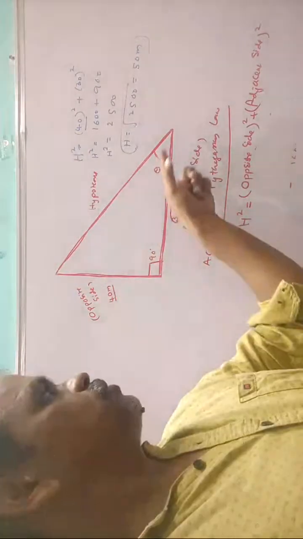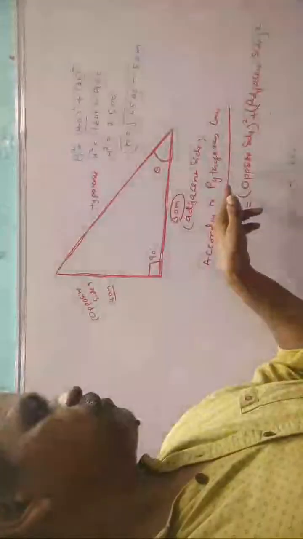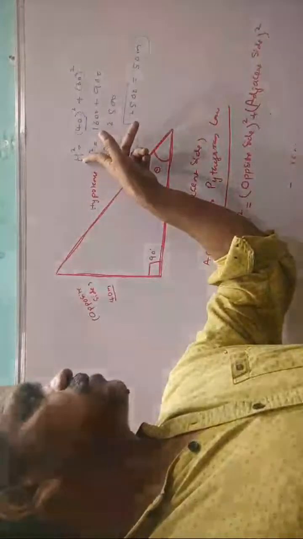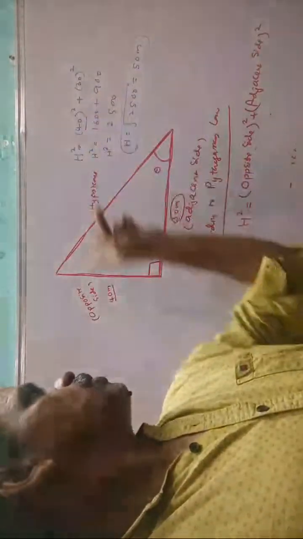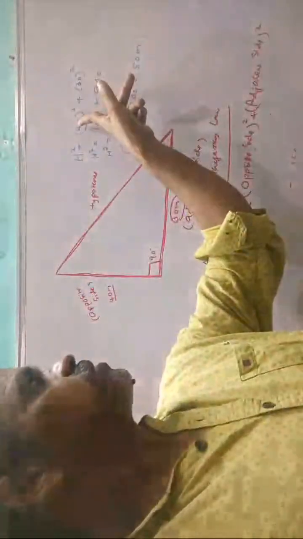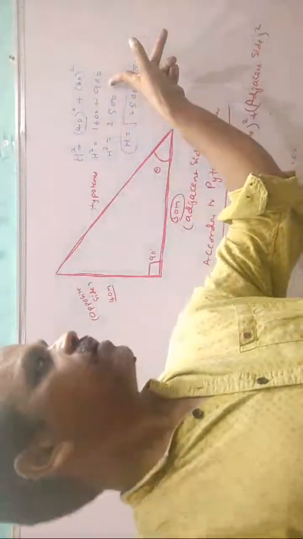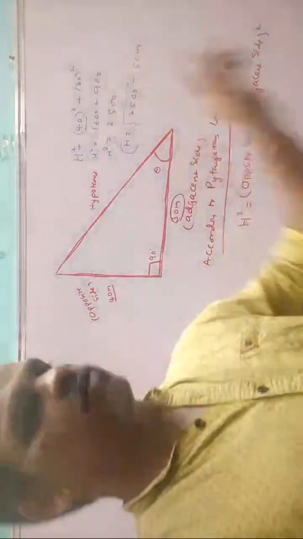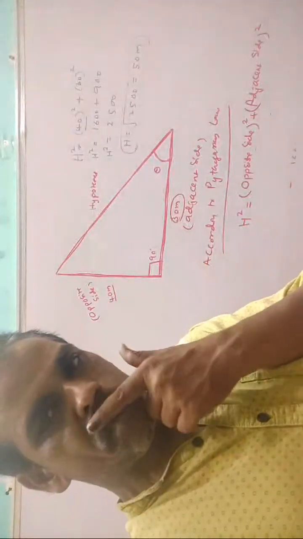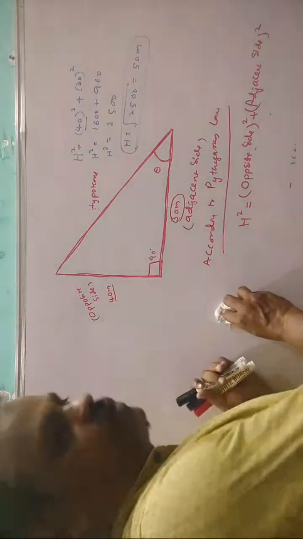The side adjacent to this angle we call the adjacent side. So what formula do we have according to Pythagoras law? Hypotenuse square equals opposite square plus adjacent side square. Opposite side square, that's 40 square, plus 30 into 30, 900, gives 2500, that is equal to 50 meter. Now it is okay. Just copy it.